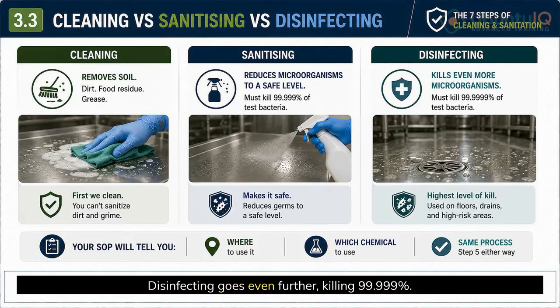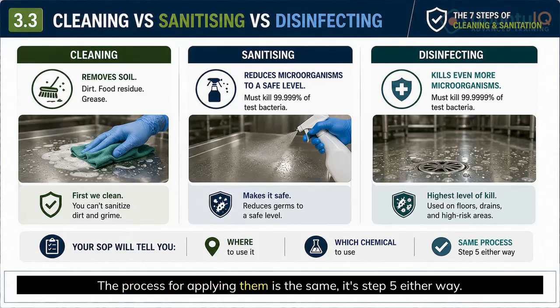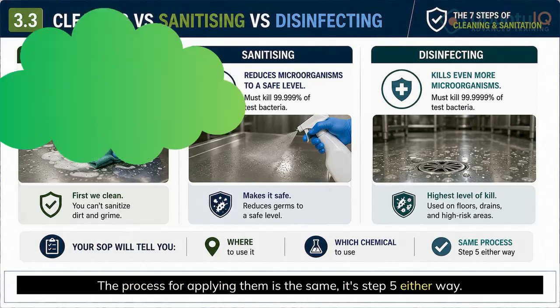Disinfecting goes even further, killing 99.999%. Disinfection is what we use on floors and drains, and in the highest risk areas. Your standard operating procedure, your SOP, will tell you which chemical to use and where. The process for applying them is the same, it's step 5 either way.